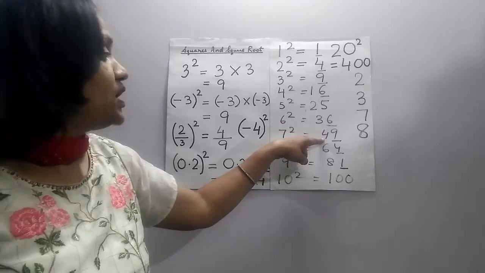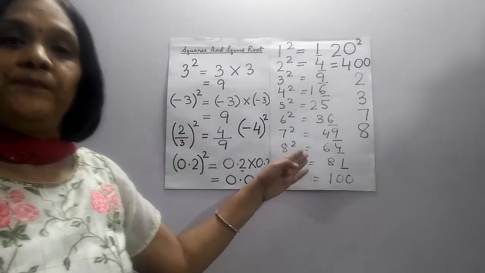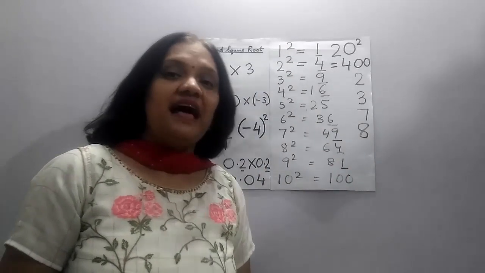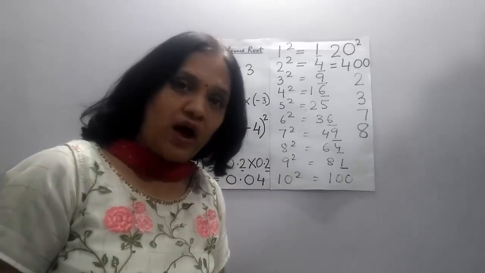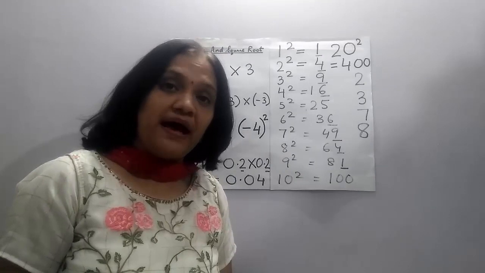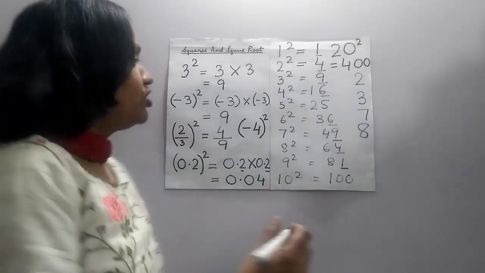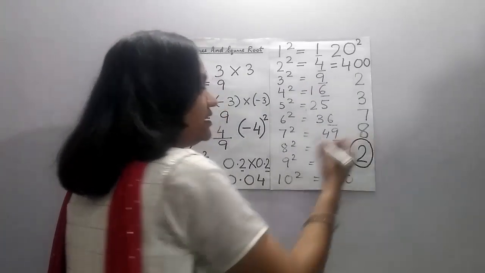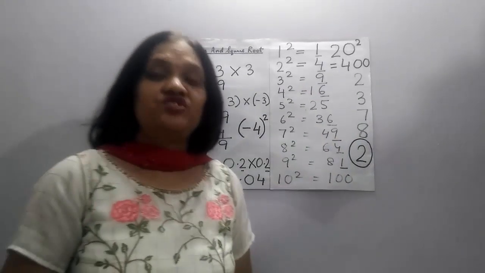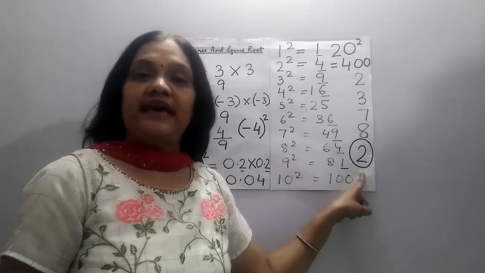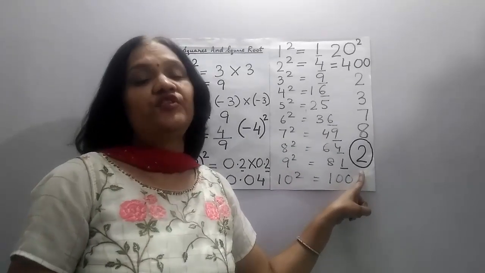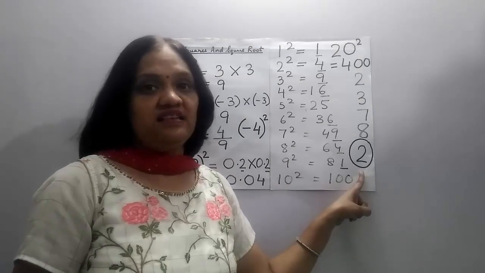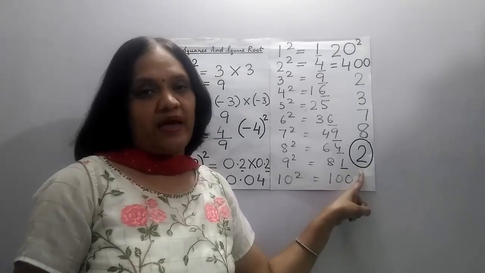The remainder is 1. These are all perfect squares, so I am getting the remainder as 0 or 1 when I am dividing them by 3. We come to the conclusion that on division by 3, if we get 2 as a remainder, then the given number is not a perfect square.